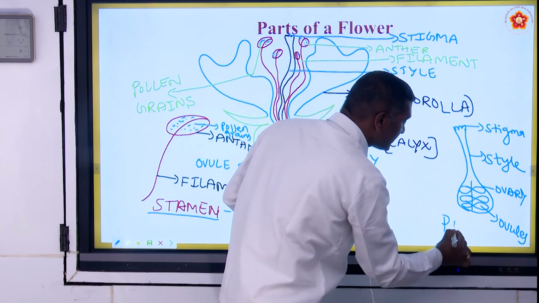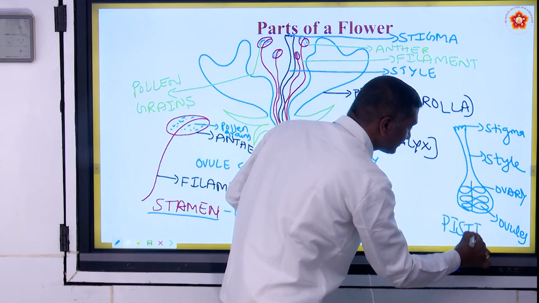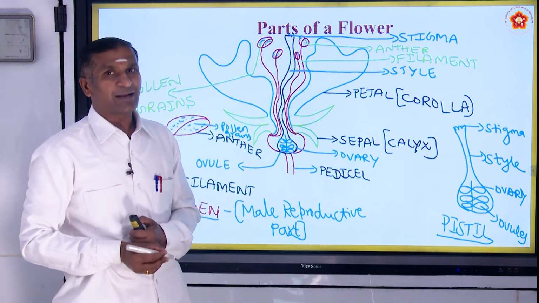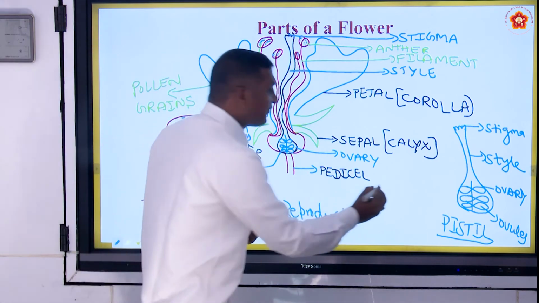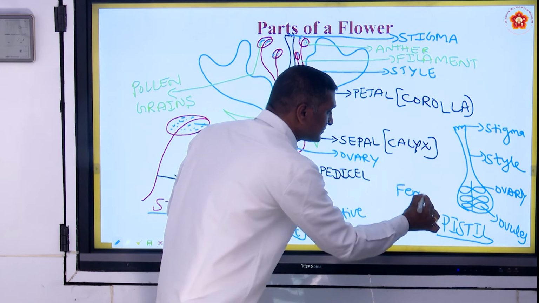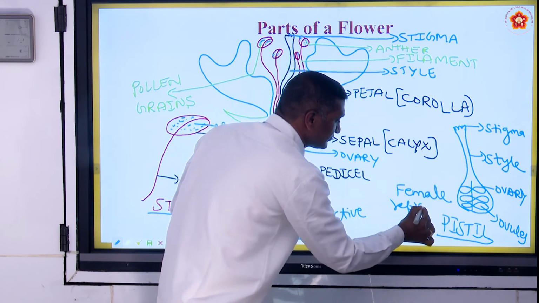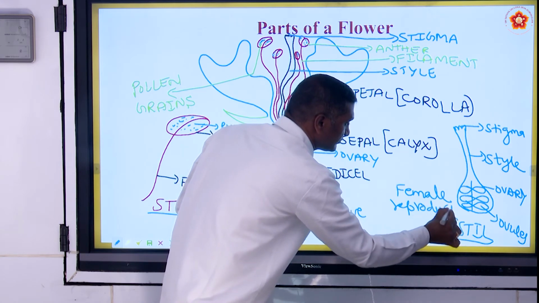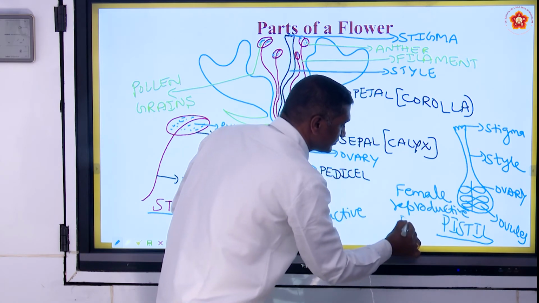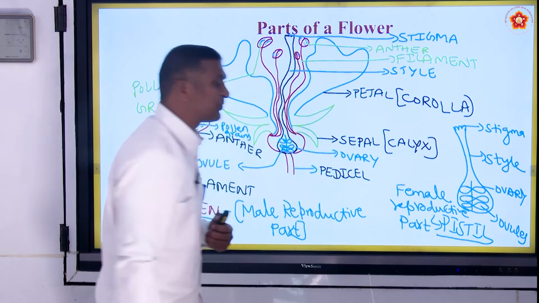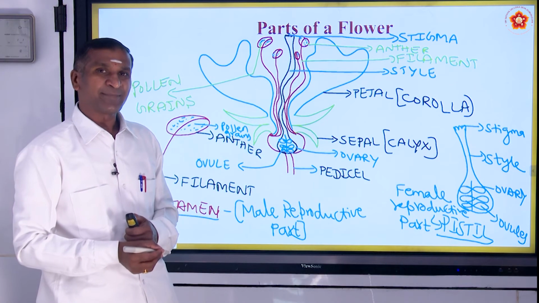This is the pistil, or it is also called the diagram of a carpel. This is the female reproductive part, which is called the pistil.